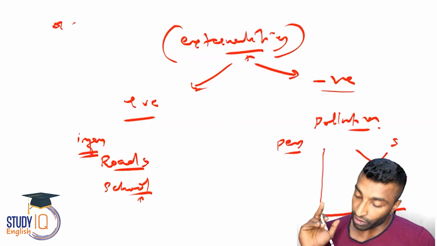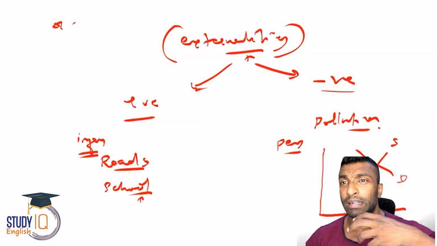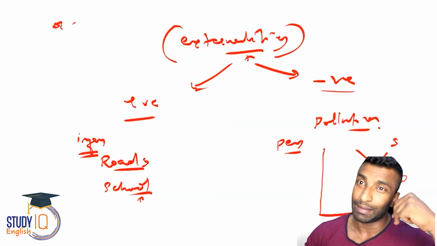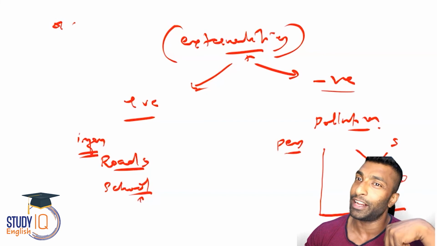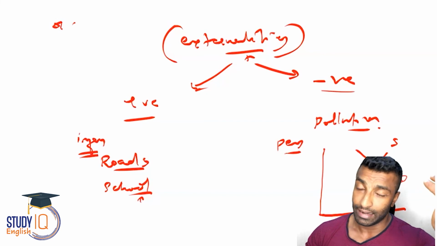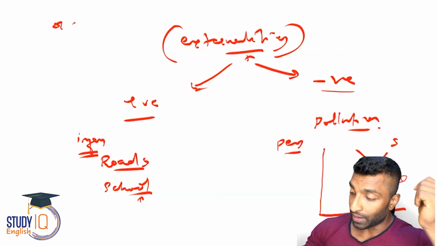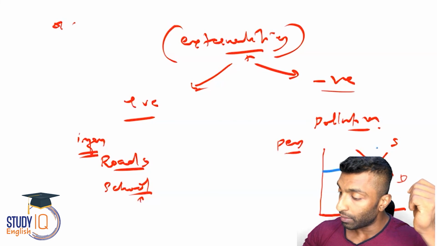If the government interferes to solve this issue, the government can discourage the production. How can the government discourage it? Either they can take away the subsidy or they can charge more taxes. In that case, what will happen? The supply will come down.